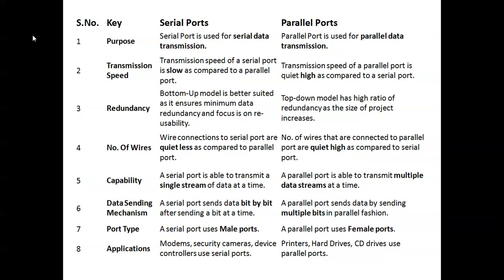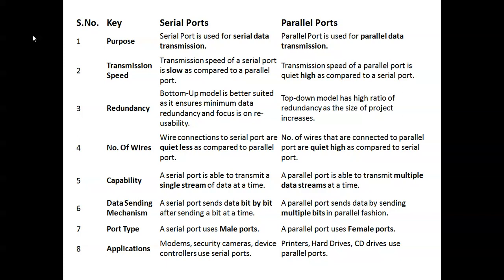Regarding capability, a serial port is able to transmit a single stream of data, and a parallel port is able to transmit multiple data streams at a time. For the data sending mechanism, a serial port sends bit by bit, and a parallel port sends multiple bits in parallel fashion. This is very important. The serial port sends the data bit by bit at a time.